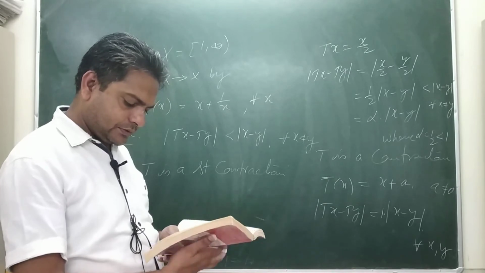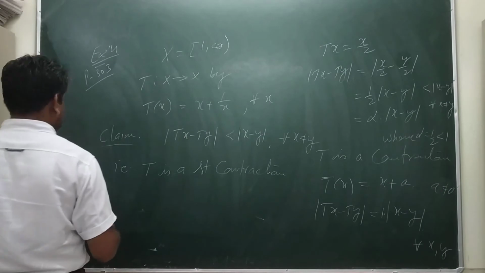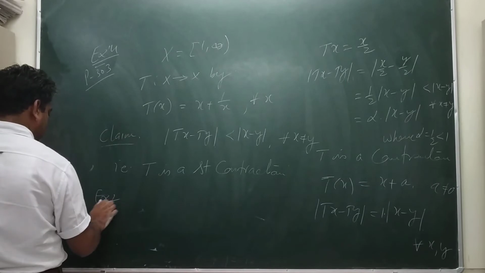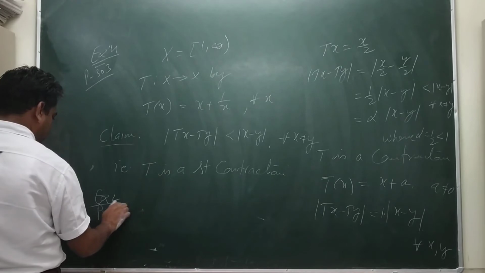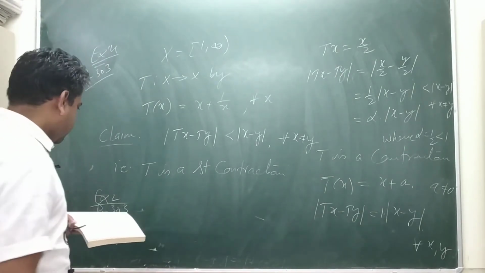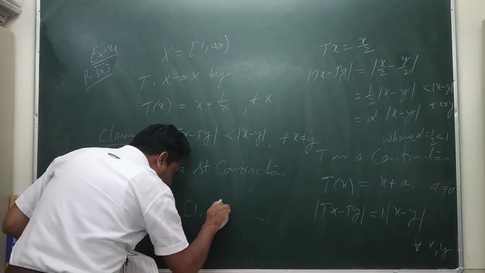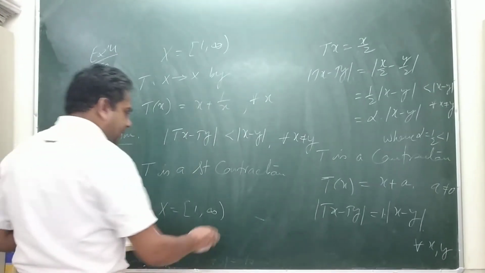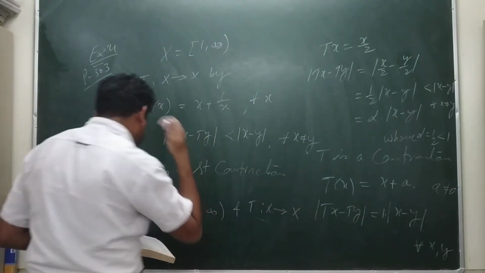Okay, another example. Actually not an example, this is an exercise. Exercise number 2 on page 303. Again X is the same set, a subset of real numbers, and T is a map from X to X, of course with the usual metric.